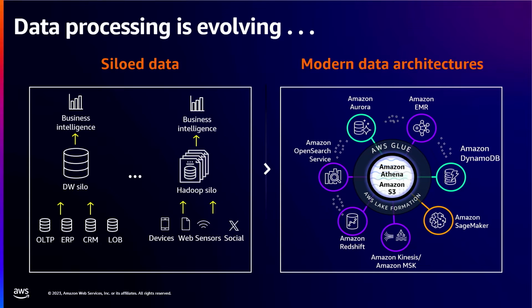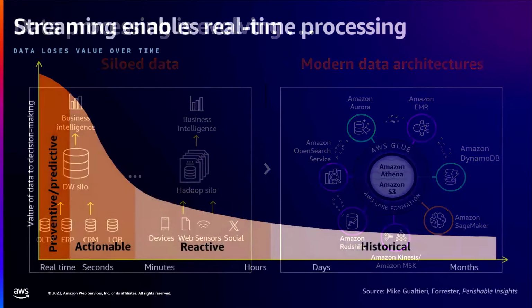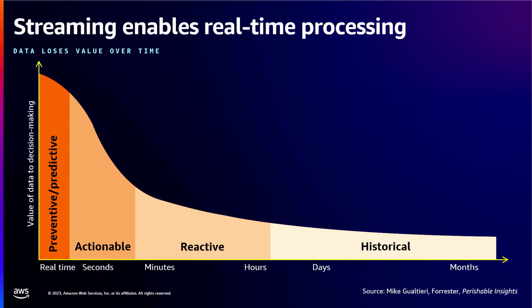S3 is just massively scalable and amazing to store a whole bunch of data. The whole point is you don't want your data to be sitting in an isolated silo. You want to be able to connect it all together. And we want to get from historical to real-time analytics.